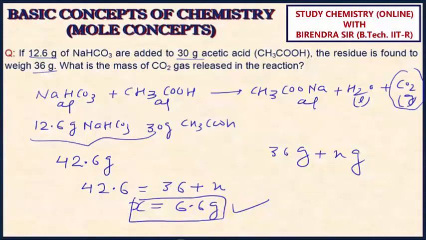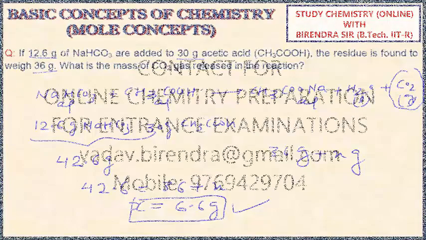Now, dear students, please take care while using this law. Those cases where two or more reactants are involved and one reactant is limiting reagent, then law should be written in a different manner.